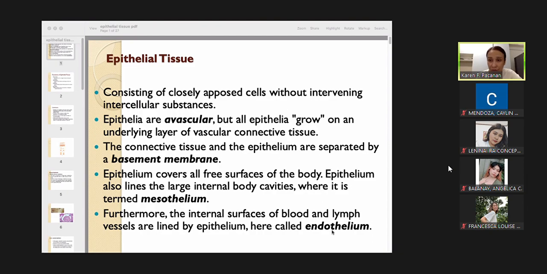Whereas if it is endothelium, same sila ng classification, it is also considered to be simple squamous, but this time, it is found lining the surfaces of blood and lymph vessels. So nagkaiba lang sila based on the location, but still, they are both classified as simple squamous.